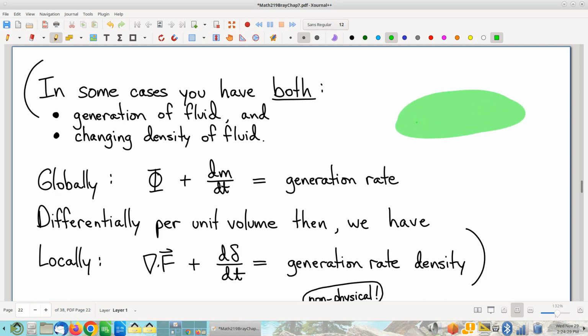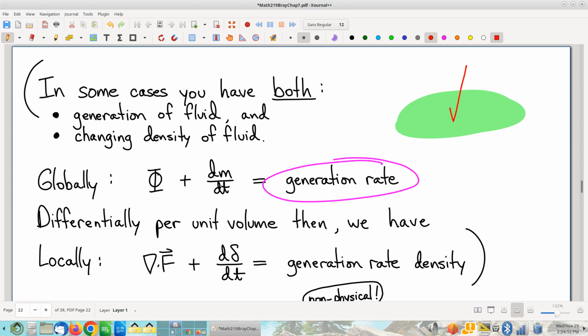Okay, given your region, whatever your solid region is, to whatever extent fluid's being generated, I claim there's kind of two different things that can happen when fluid is generated inside of your region. And I don't know how to represent generation of fluid, so I'm just going to do it with some arrows.